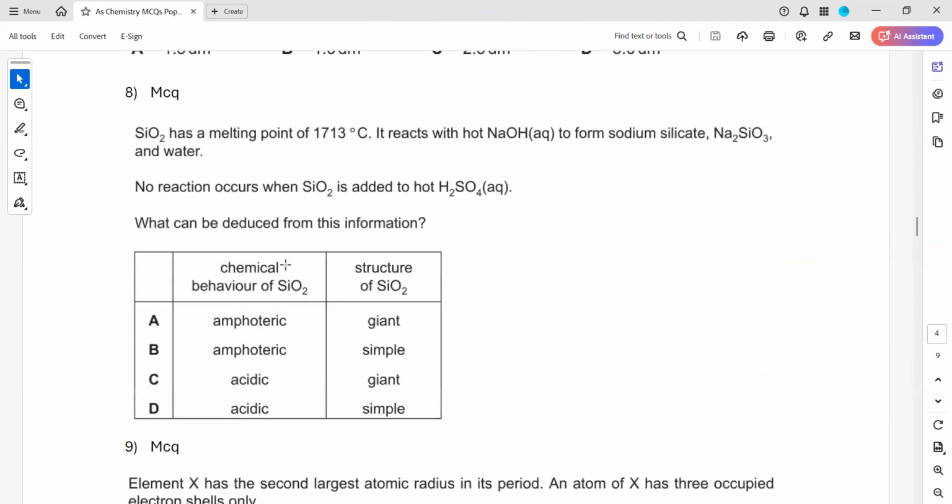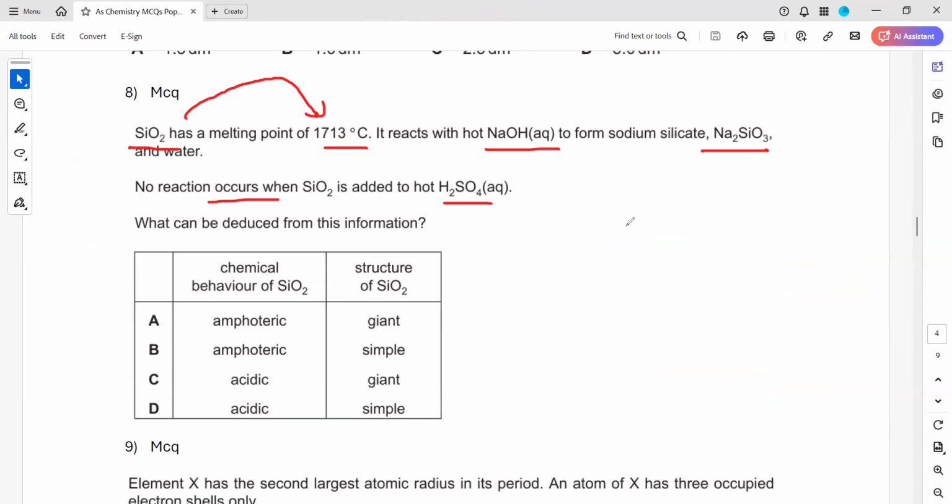Next we have question 8. Silicon oxide has a melting point of 1713 degrees centigrade. It reacts with hot sodium hydroxide to form sodium silicate. No reaction occurs with sulfuric acid.